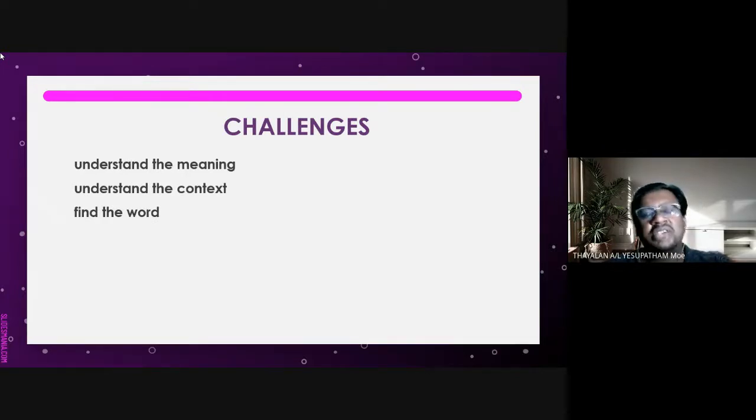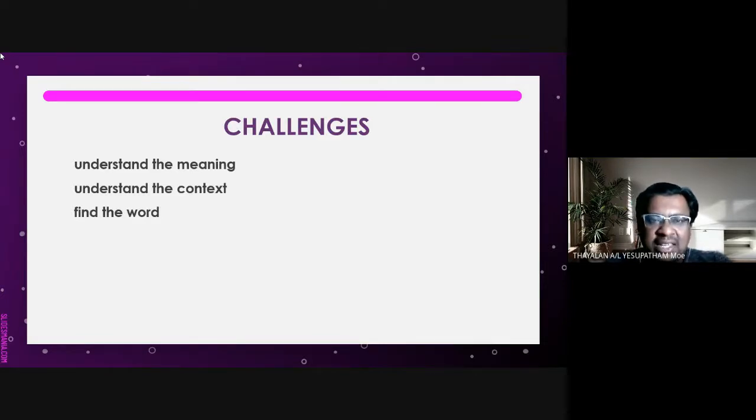So what are the challenges? There are three challenges. The first one is to understand the meaning. When the meaning is described, you must be able to understand what the meaning means. What does it actually convey? And then you need to understand the context of the particular meaning as well.